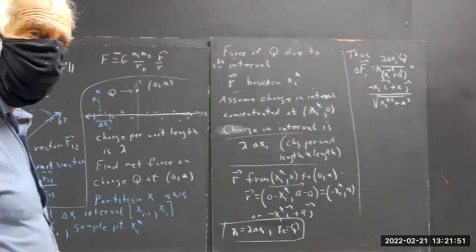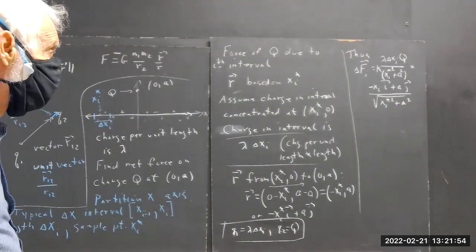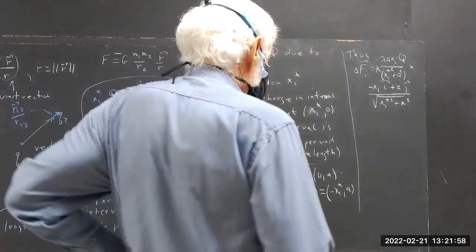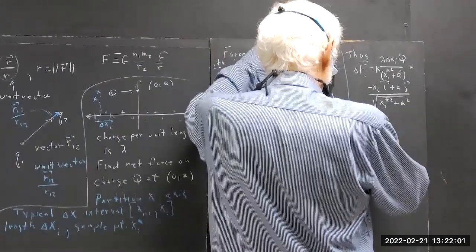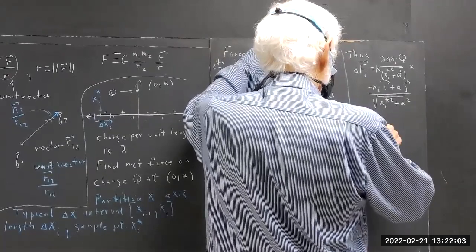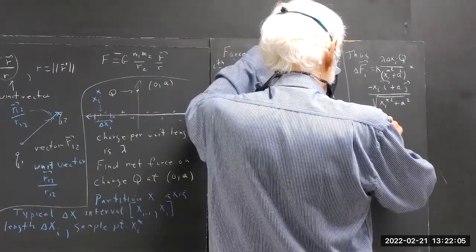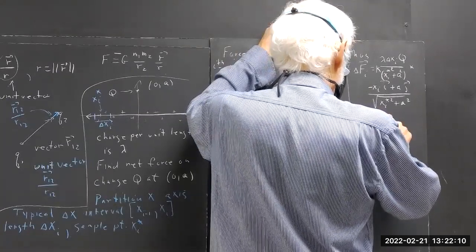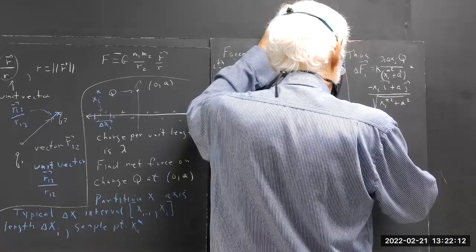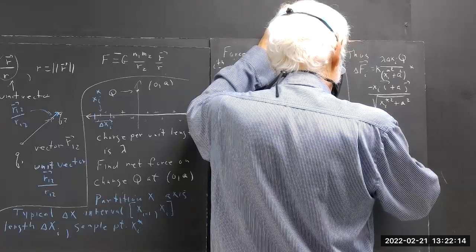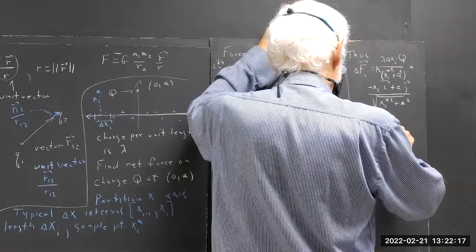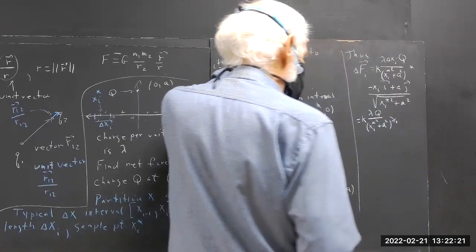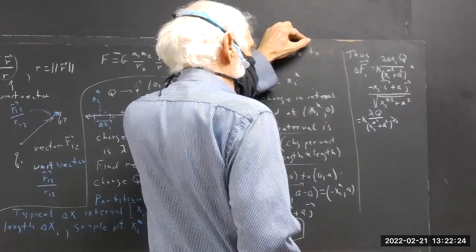Well, there it is. It's a perfectly good vector. And of course, we can now write it as K times lambda Q over the three halves power of xi star squared plus a squared.